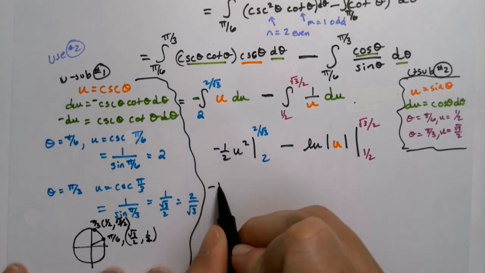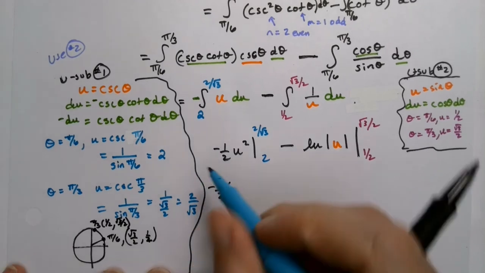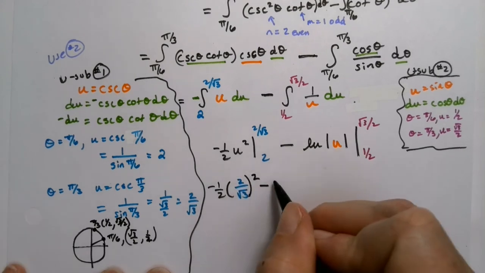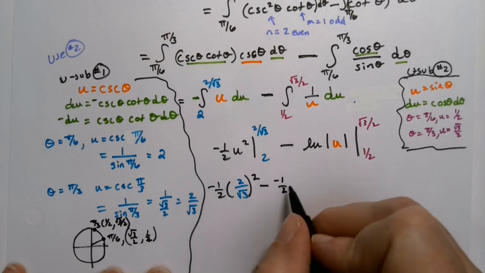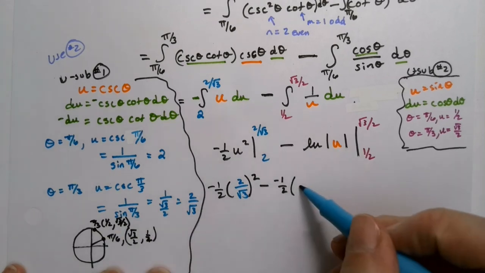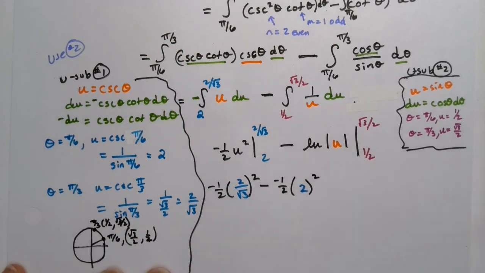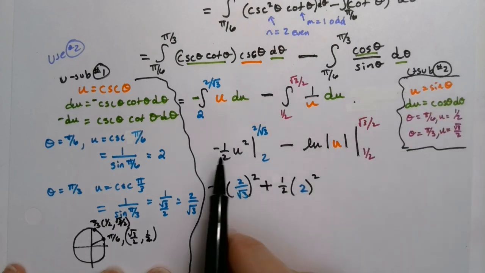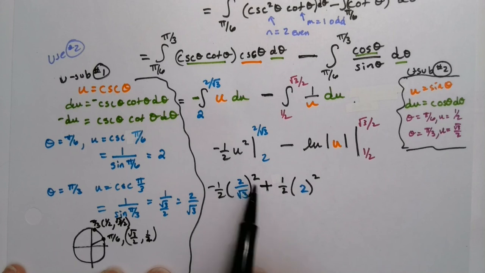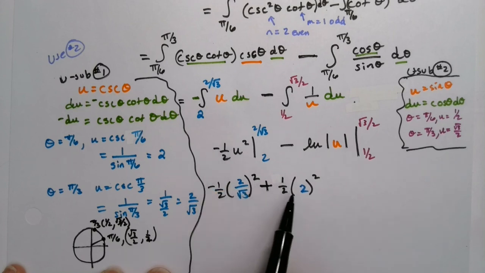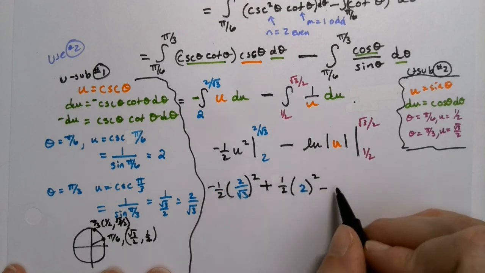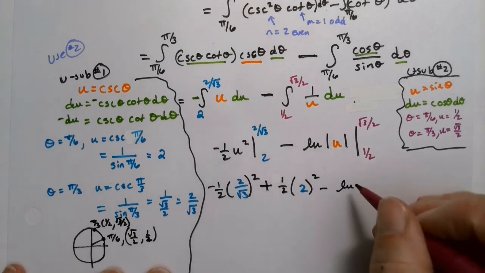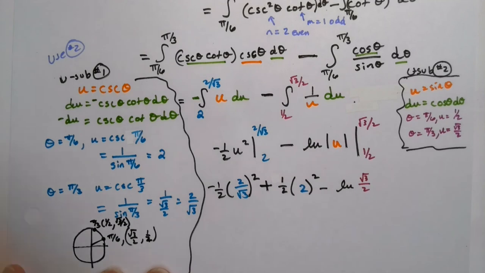So I have negative 1/2 times 2 over the square root of 3, squared, minus a negative 1/2, so that's plus 1/2, 2 squared. Minus a minus is plus. Then minus the natural log of the square root of 3 over 2. I don't need to worry about the absolute value because the square root of 3 over 2 is positive.